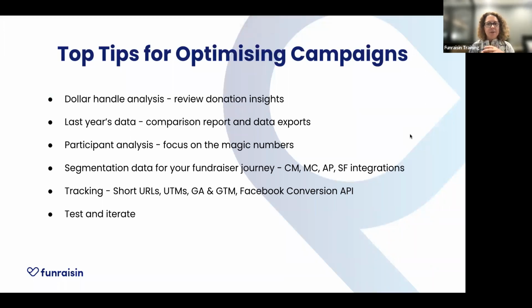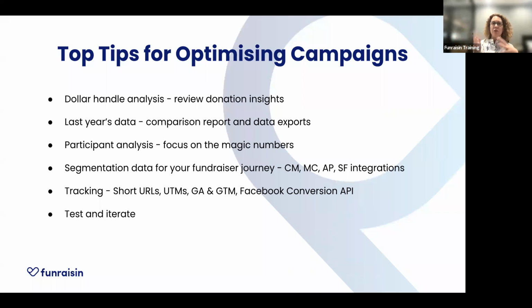So a few tips for optimizing your campaigns: use that analysis of the donation insights to keep on top of your dollar handles. If you're noticing that the dollar handles aren't really reflecting what people are actually donating, maybe consider tweaking those dollar handles throughout the campaign.